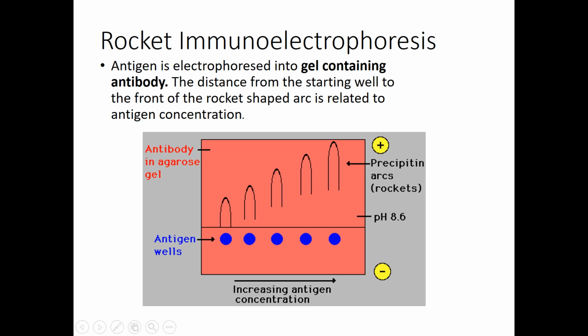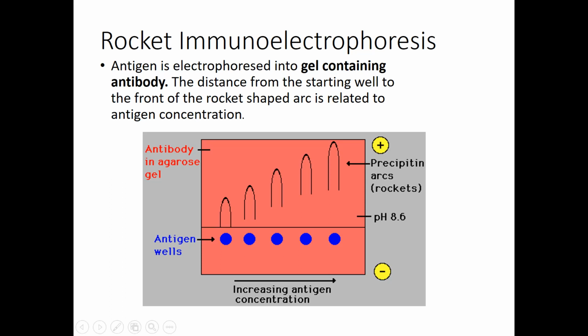And then we're going to apply an electrical current to it. The antigen migrates and precipitates, it moves through the gel, and where it comes in contact with antibody, you get an arc shape. And that's exactly what it looks like.